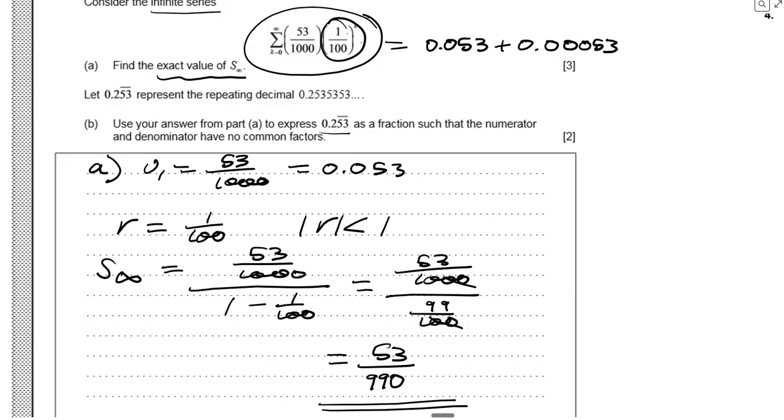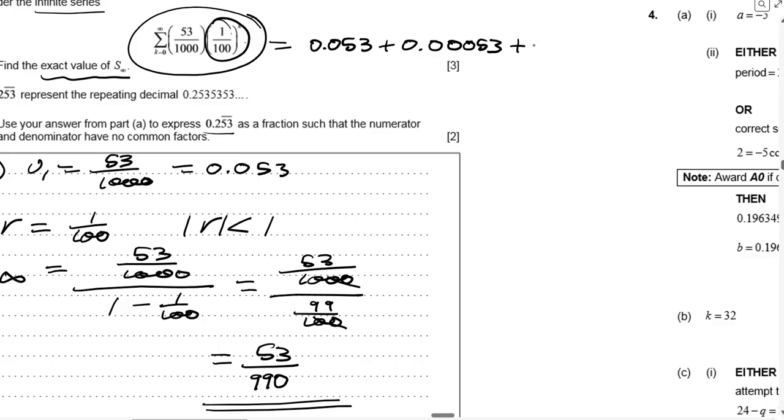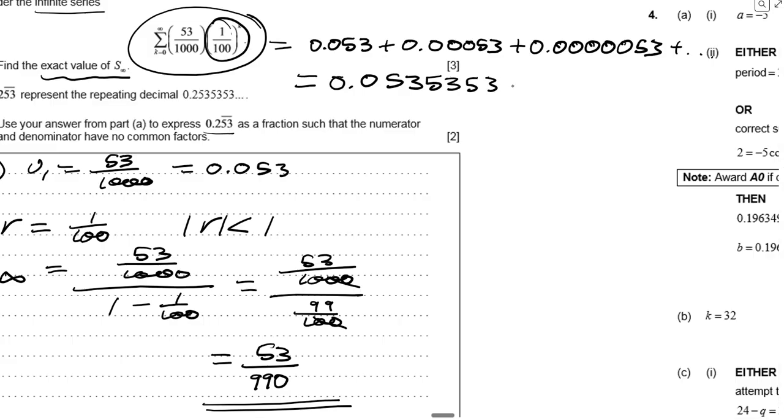Divided by 100, and then plus 0.0000053, and then plus it keeps going, and so essentially what we have is 535353 recurring, right? Which is essentially what we have here, but we have an extra 0.2.